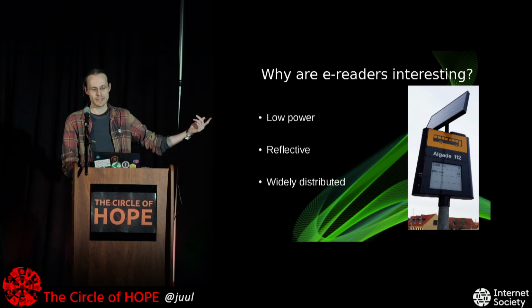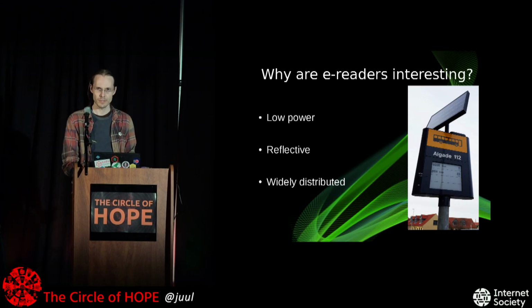Here on the right-hand side, you can see an example of people using electronic paper for interesting stuff that's not just e-book reading. This is a bus stop in Denmark out in the countryside with a solar panel on top. It's probably 50 watts or less, and it's updating at least once a minute, showing when the buses are arriving.